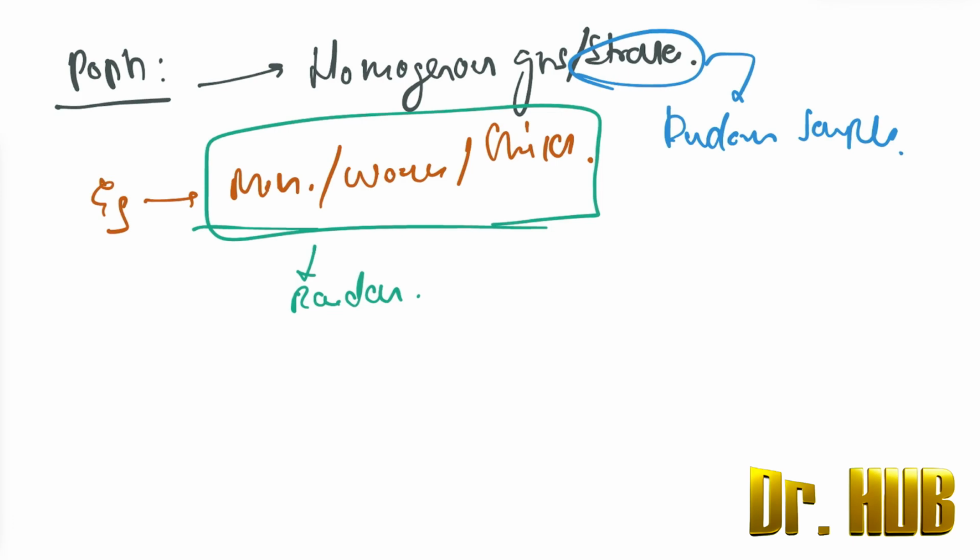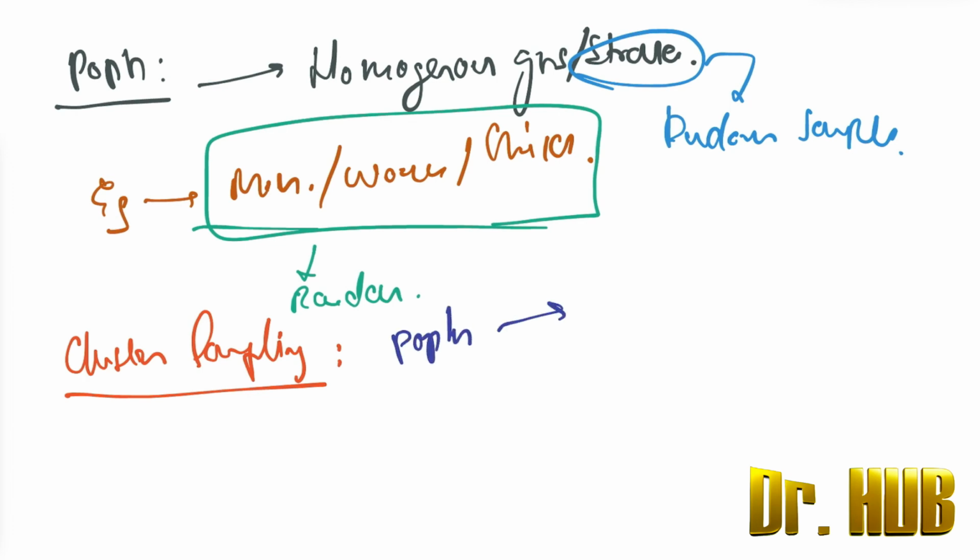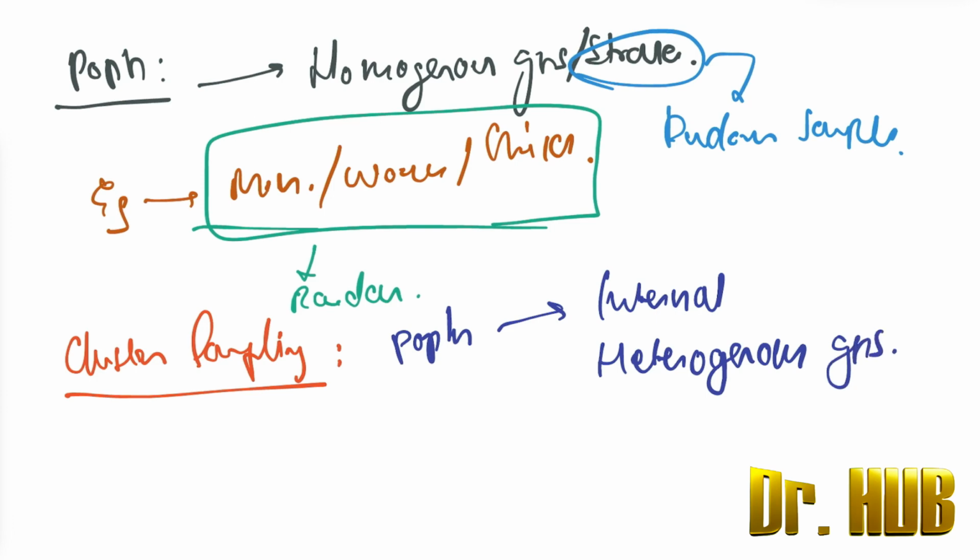Next, we look at the cluster sampling. In cluster sampling, the population is divided into internally heterogeneous groups, and then a simple random sampling is done of these clusters and taken as samples.